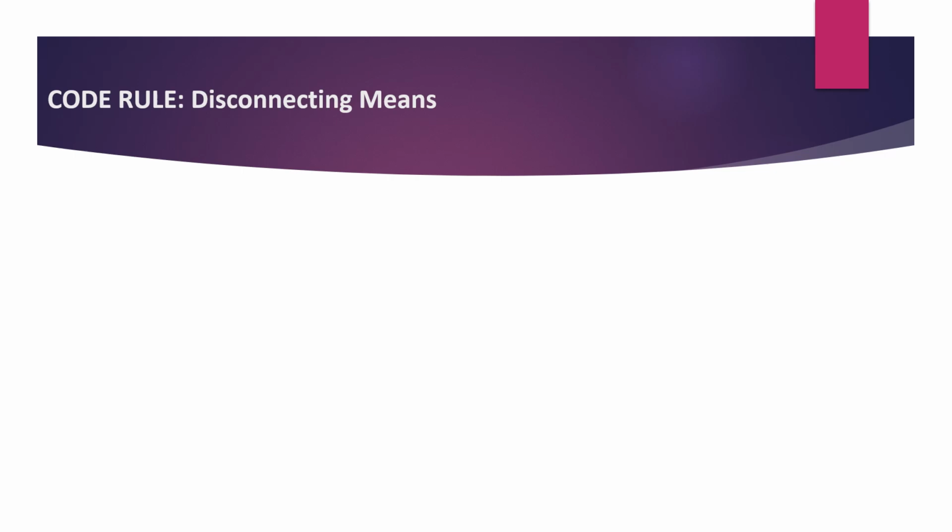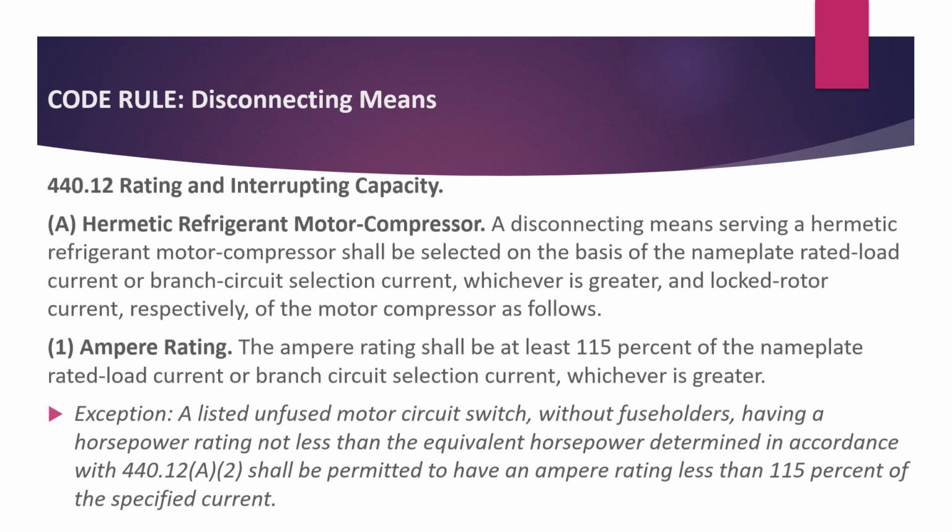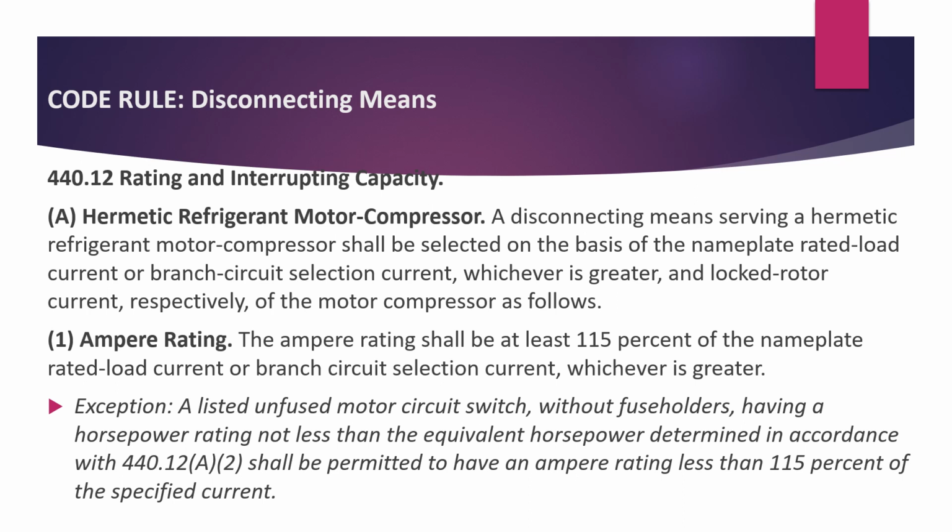Now let us go to the code rule, disconnecting means, rating and interrupting capacity. For the hermetic refrigerant motor compressor, a disconnecting means serving a hermetic refrigerant motor compressor shall be selected on the basis of the nameplate rated load current or branch circuit selection current, whichever is greater, and locked rotor current respectively of the motor compressor as follows.